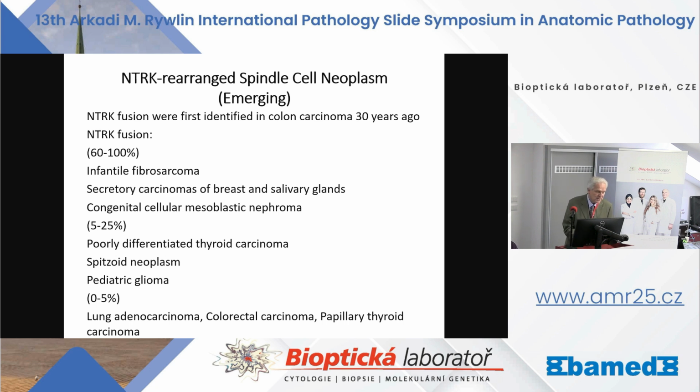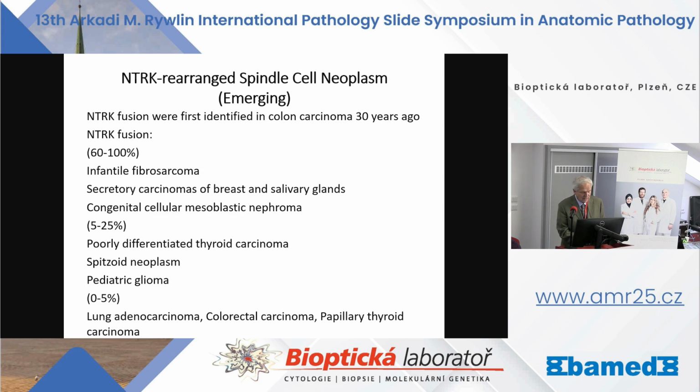NTRK fusion was described for the first time 30 years ago in colon cancer, and it's possible to find it in 60 to 100% of infantile fibrosarcoma, where all cases are positive. In some cases, in secretory carcinoma of the breast and salivary gland, in congenital cellular mesoblastic nephroma, and in a quarter of cases of fully differentiated thyroid carcinoma, spitzoid neoplasm, and pediatric glioma.